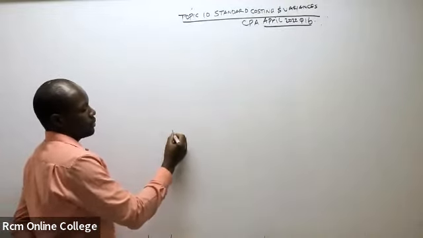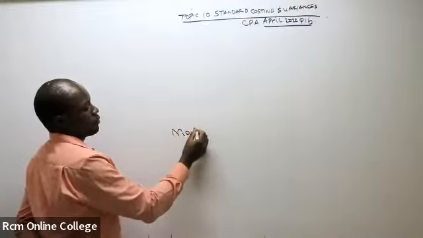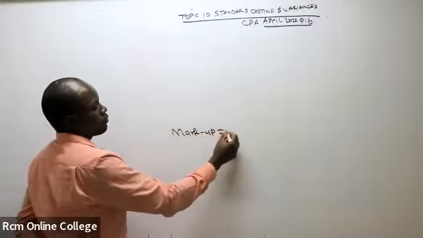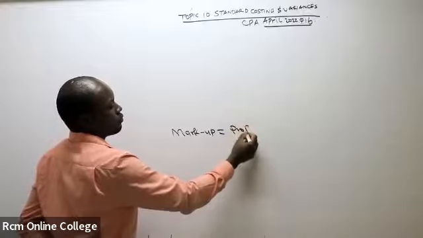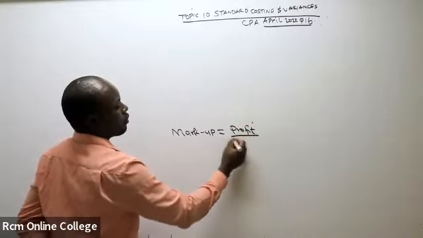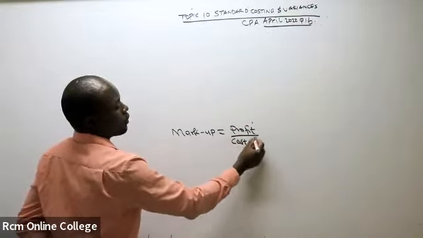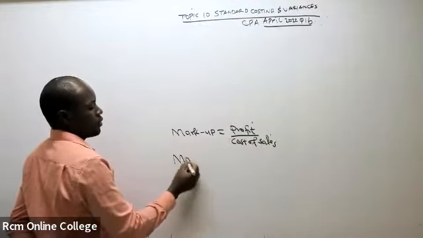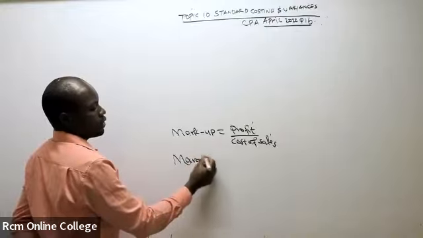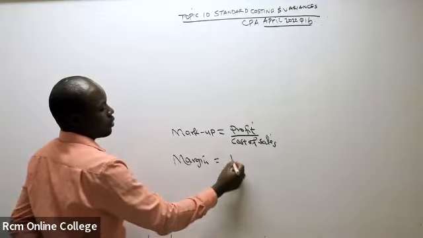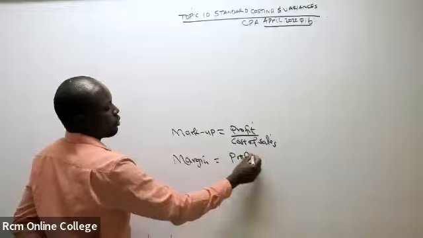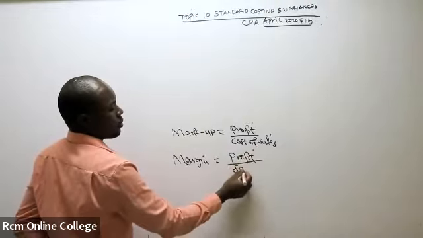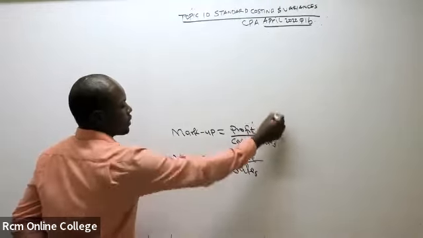Okay, write this down somewhere. Markup is equal to profit over cost of sales. Then margin is equal to profit over sales.